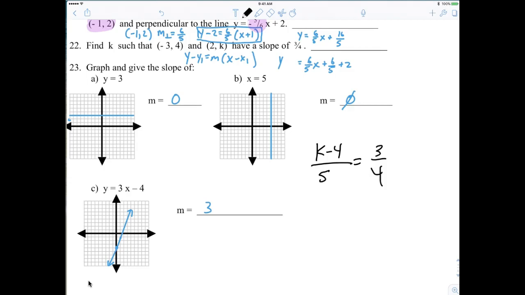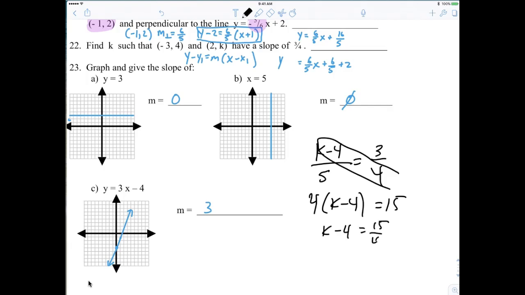So cross multiply. 4 times K minus 4 equals 15. Can we solve it from there? K minus 4 equals 15/4. So K is equal to 31/4.